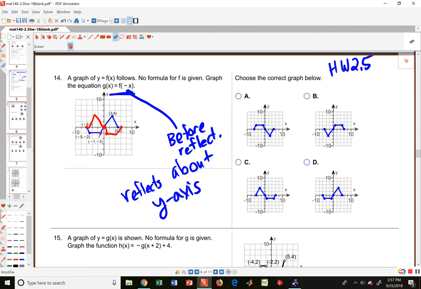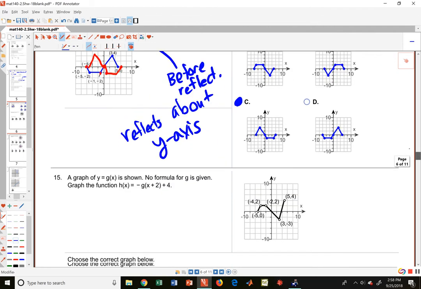That looks a little bit better. So that blue peak over there gets sent to the other side as that red thing, and then this blue kind of shallow flat thing gets sent to the other side as a shallow thing. So let's find the solution over here. It's got to be flat on the right and peaked on the left, and so it's got to be C. All right, let's do one more.